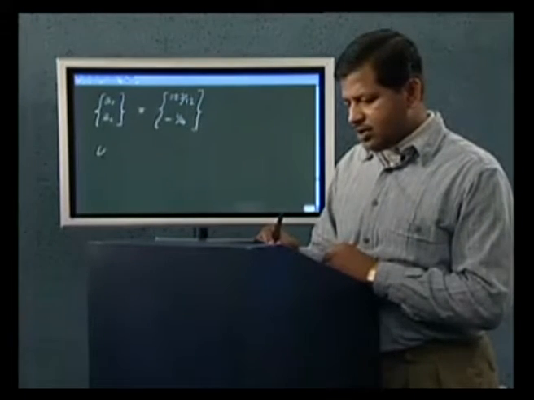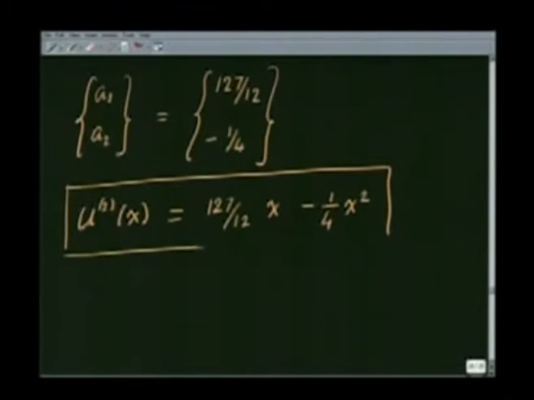So our u2 of x will be equal to 127 by 12 x minus 1/4 x squared. This will be our Rayleigh-Ritz solution, taking two terms in the polynomial expansion.